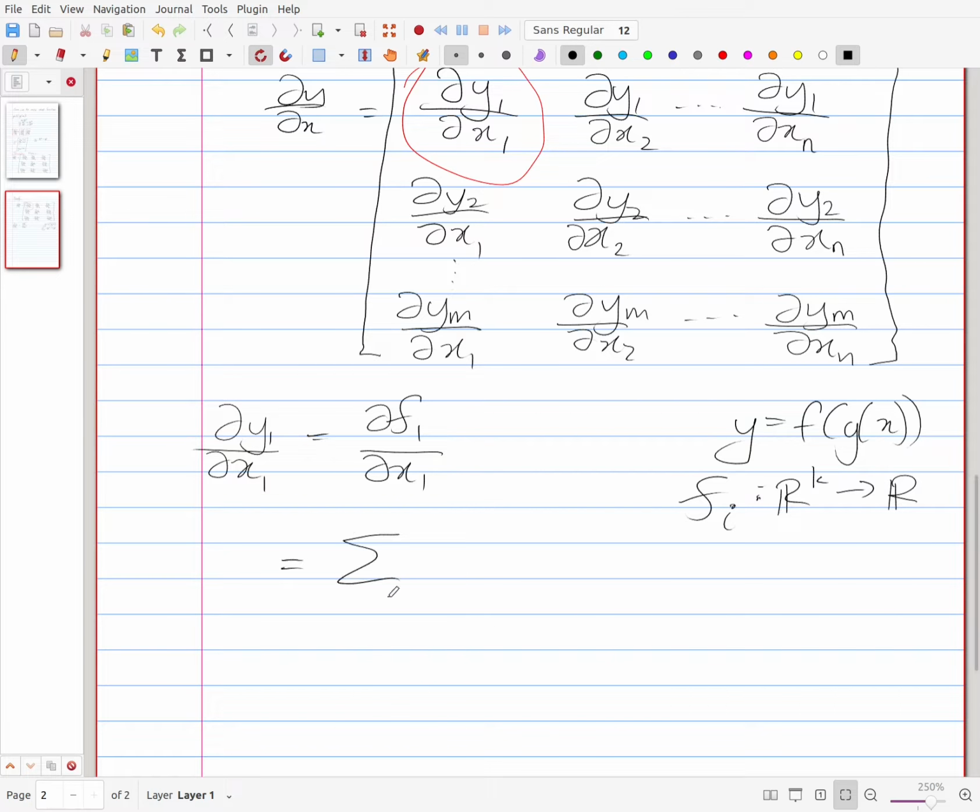So what we want to do is sum over all of the component functions of g, say i equals 1 up to k, of the partial of f1 with respect to each of the component functions of g, so gi, times the partial of gi with respect to x1. So this is by the multivariate chain rule.